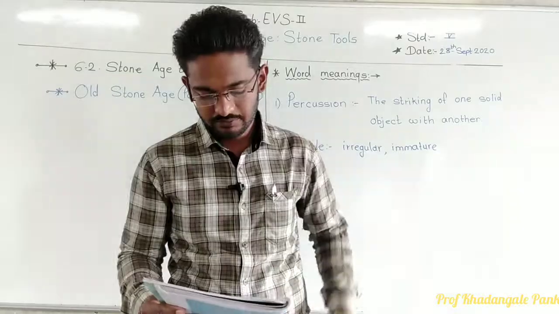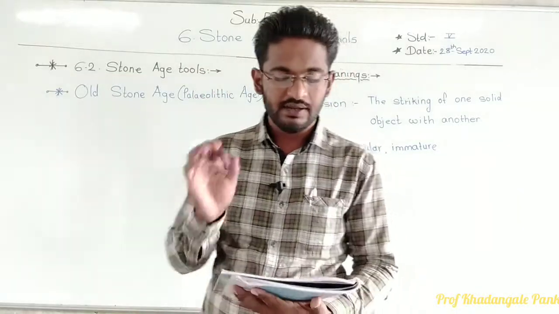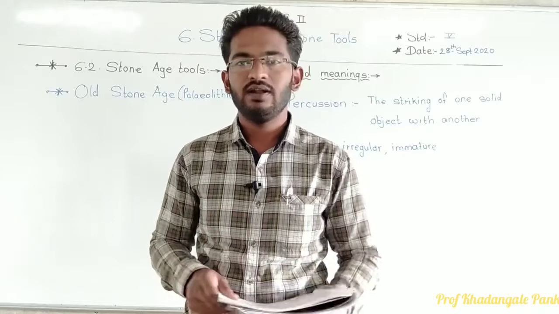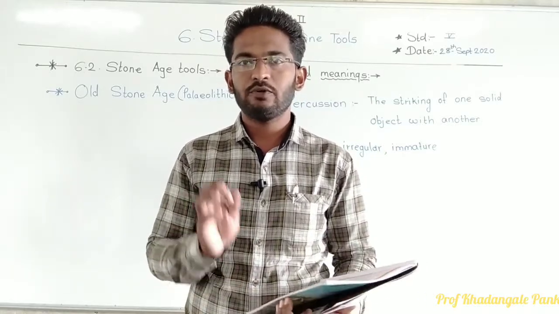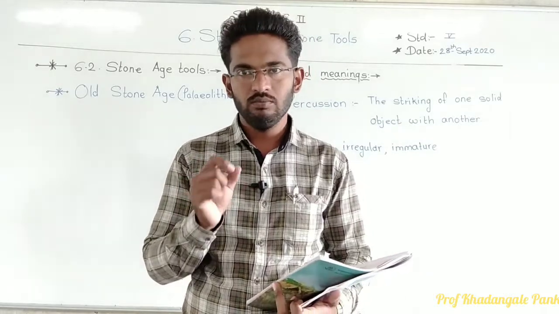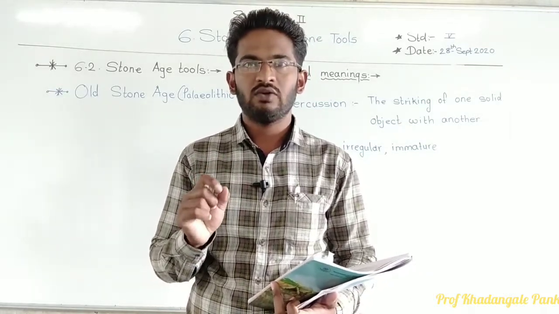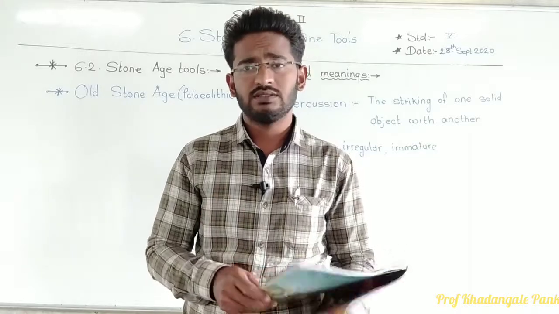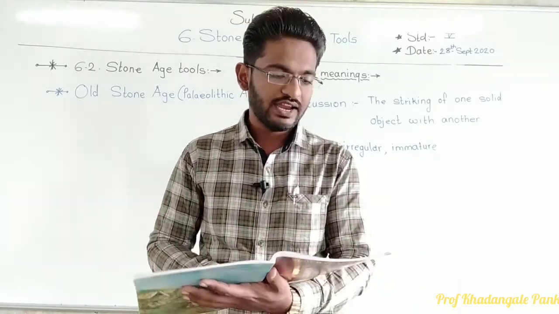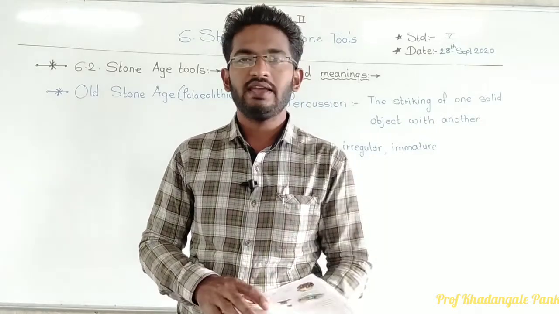Yesterday we completed types and forms of tools according to the type of task. I explained it properly and gave you examples of board and chalk, and whiteboard marker pens. Now we are going to start with the second point, Stone Age tools.